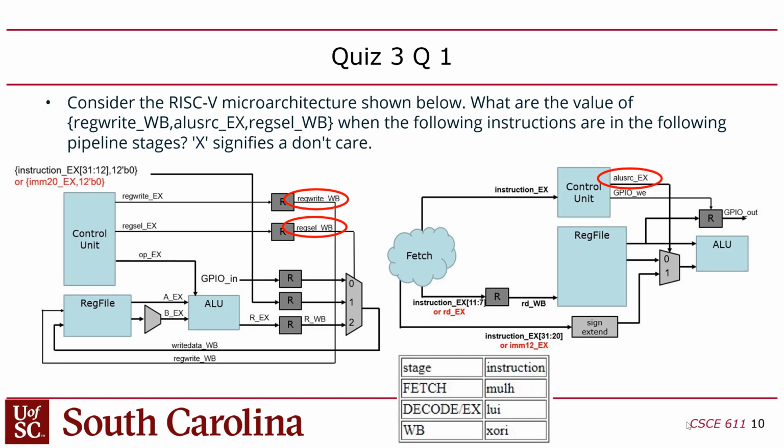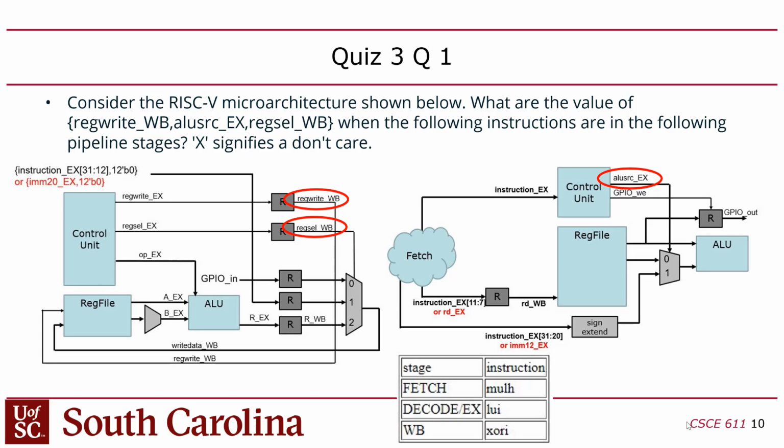Well, we've got an LUI in that stage. But the LUI doesn't do anything with the ALU at all. It just ignores it, it doesn't use the ALU. You might say, well, how does that determine? Well, the ALU has an output that potentially may just get blocked by this mux.